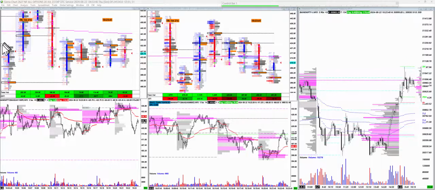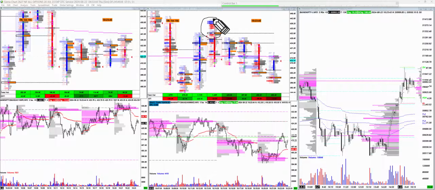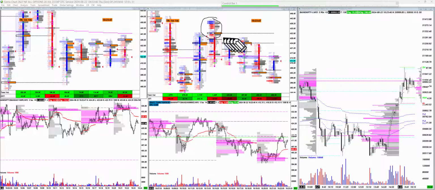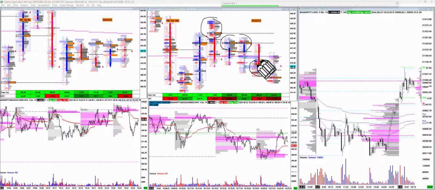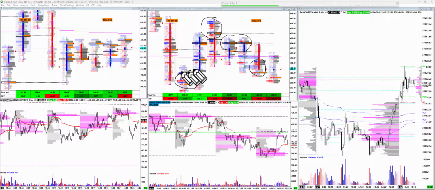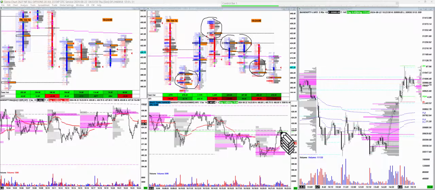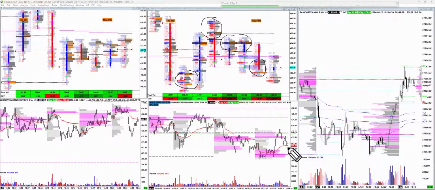What you see is, at the moment, a lot of buyers getting trapped. So you see this. Okay, and in this area you've seen a lot of sellers getting trapped. Look at this area, look at the delta over here, and look at the people that are getting trapped over here.